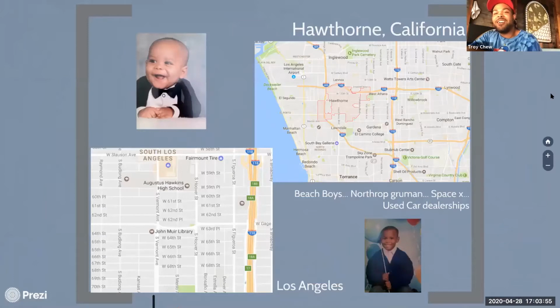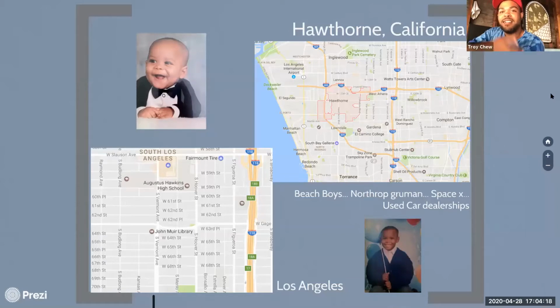I grew up in Hawthorne, California. It's in LA. We call it South Bay down here, but it's in LA, right next to Redondo Beach and next to Compton at the same time. So you get a little bit of two worlds.